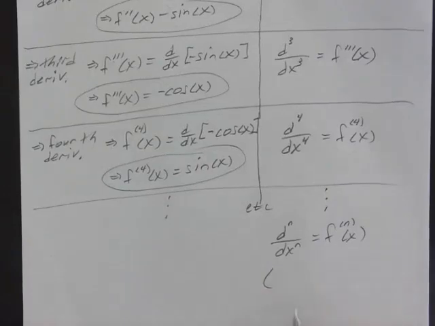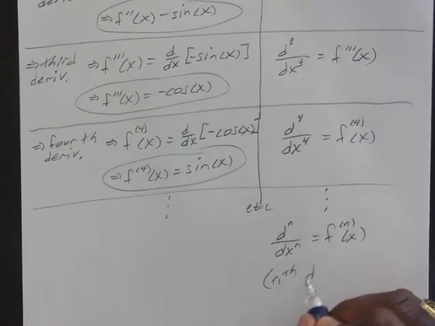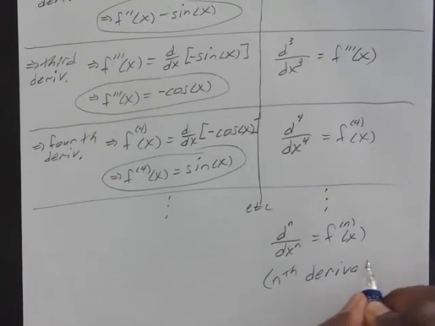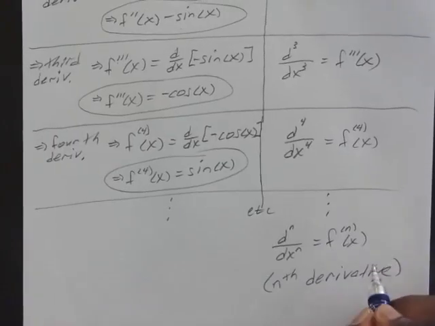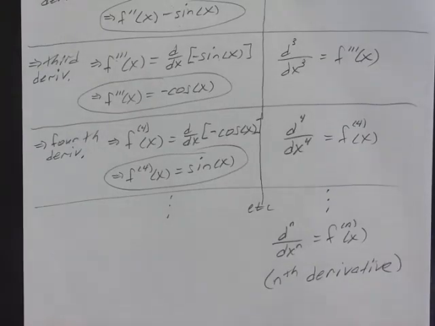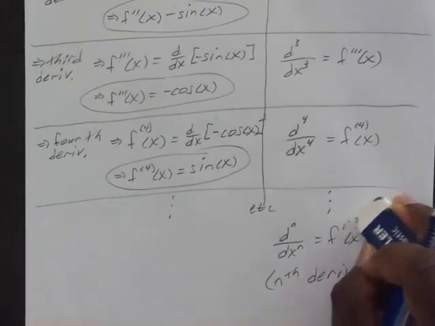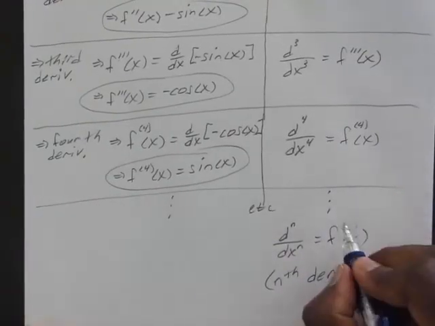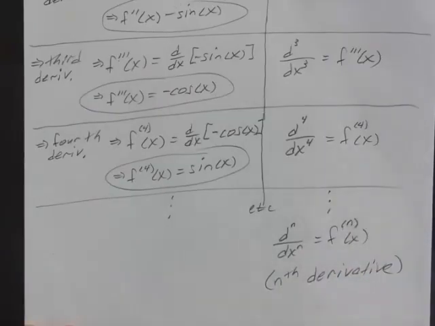Okay, and this is just a notation for the nth derivative, where n is just some finite whole number.